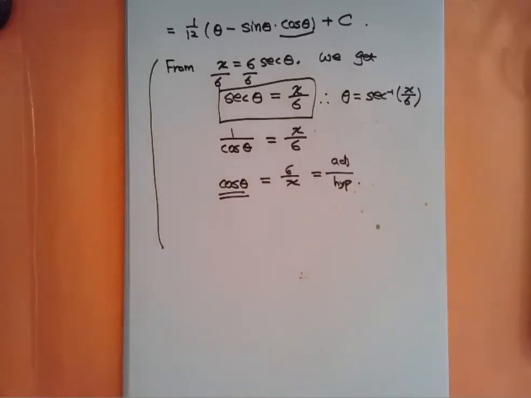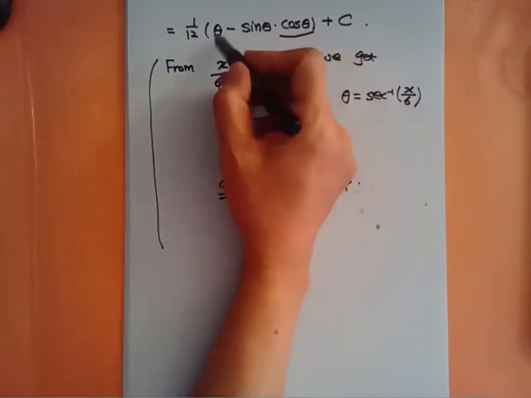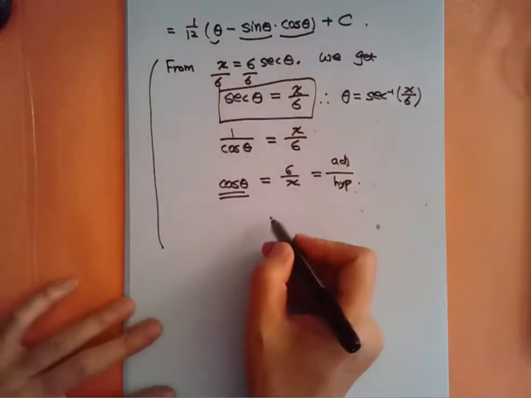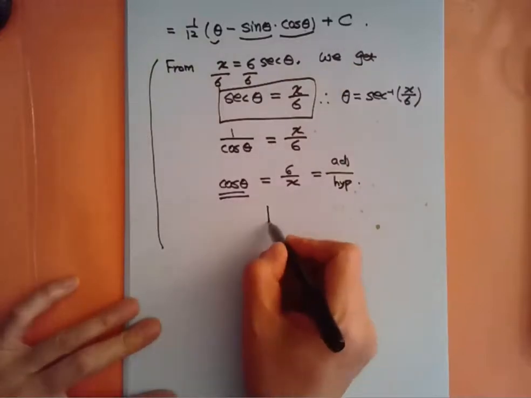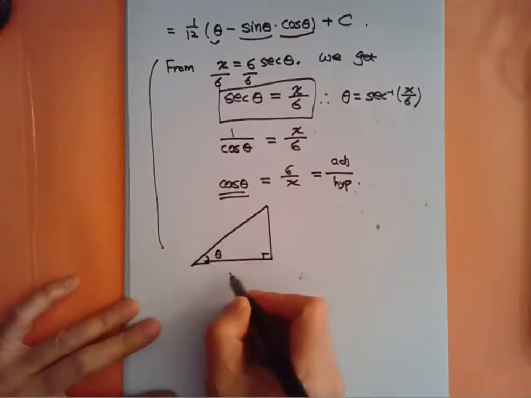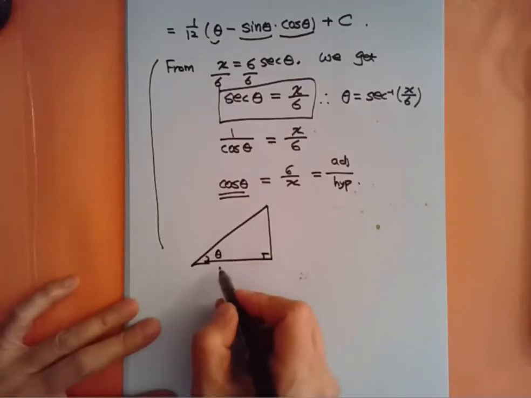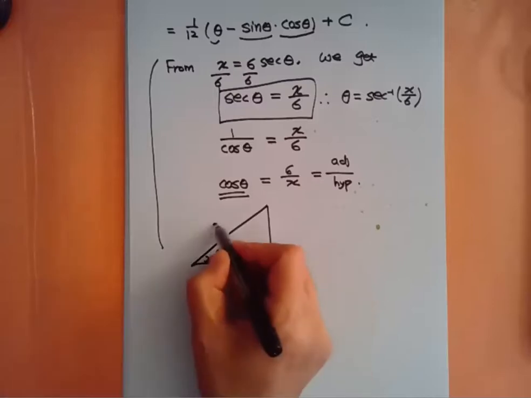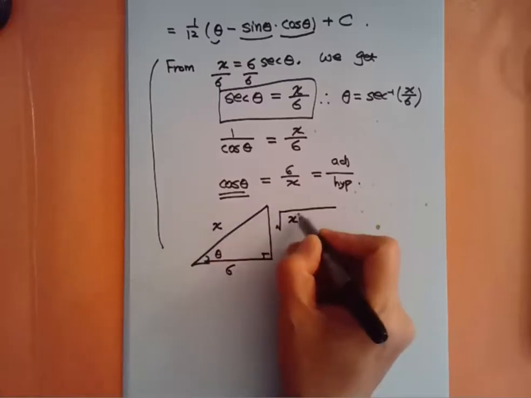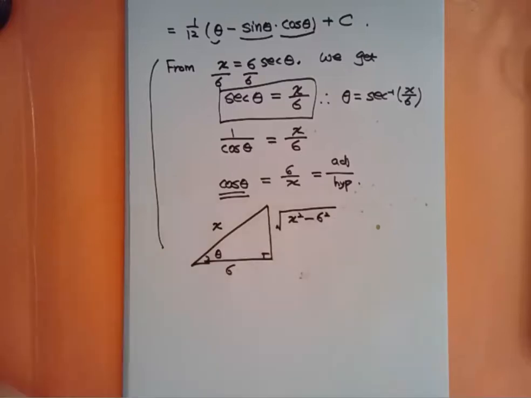We just take the inverse function on each side. But so we know this one and this one, but we don't know sine. So from this information, we have to draw a right triangle here. This is theta, and adjacent is 6 and hypotenuse is x. So that is square root of x² minus 6².